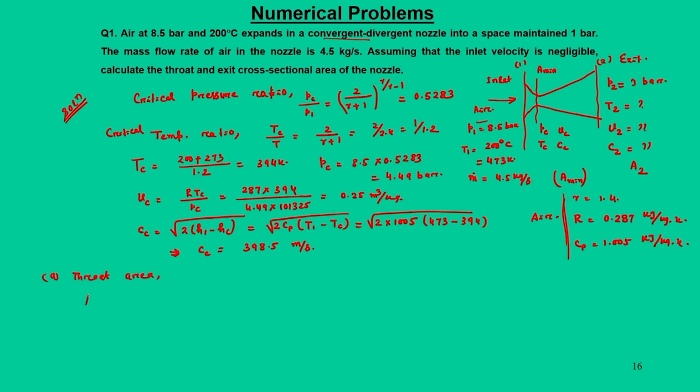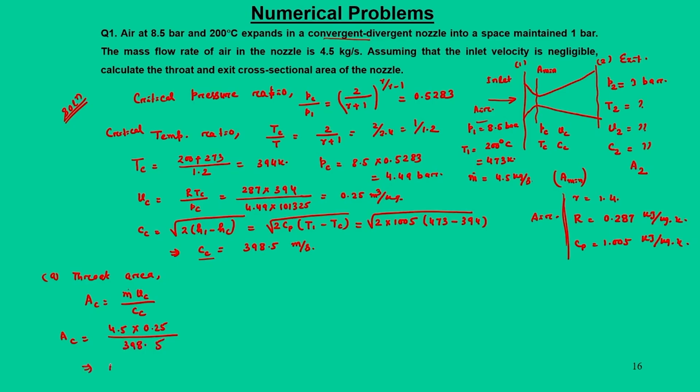Now, we are in a position to find out the throat area. That is Ac is equal to m dot into Vc divided by Cc. So, m dot is 4.5 kg per second, specific volume is 0.25, and the flow velocity at the critical condition is 398.5.